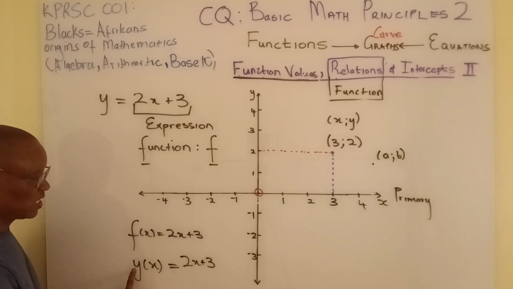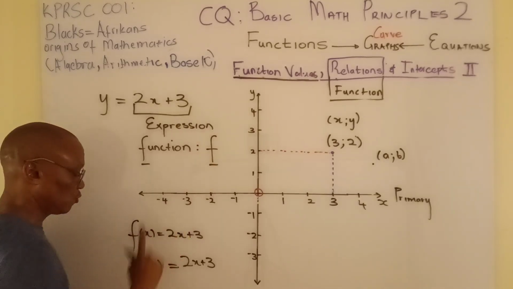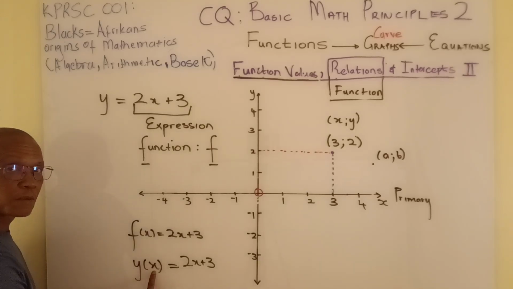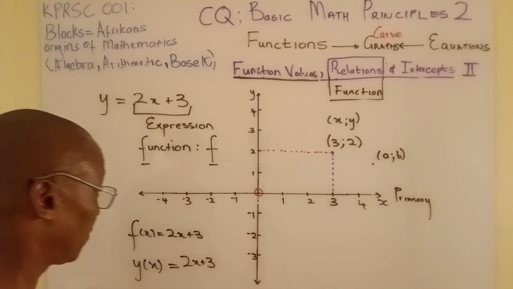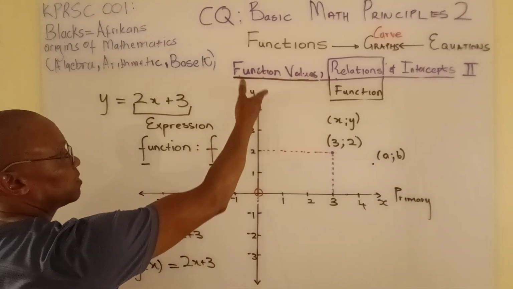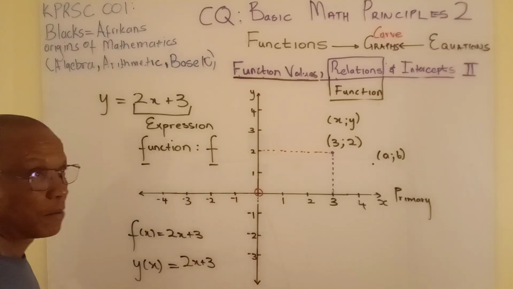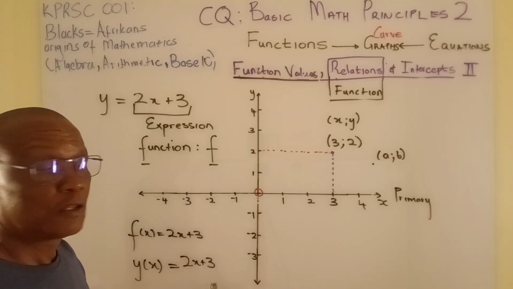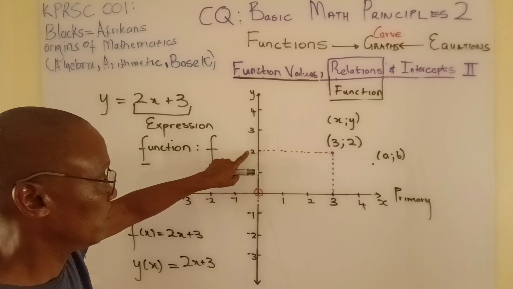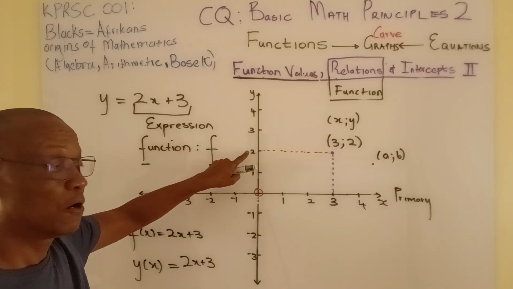In this notation, we're stating that y is actually dependent on x. This one is not just there because we've drawn it. No. This value is dependent on this value.